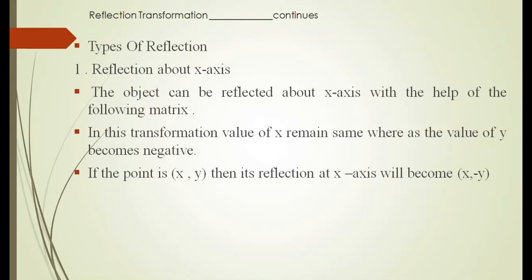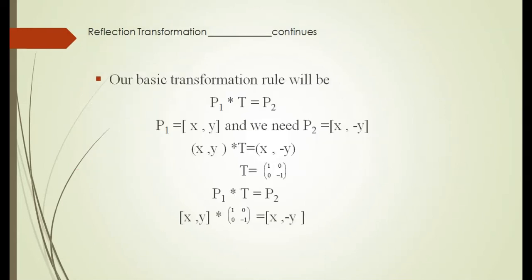Okay, so our basic transformation rule will be P1 times T is equal to P2. P1 is the original coordinate, that is the x and y coordinate, and we need to change to P2. For the x-axis, we need P2 equal to (x, -y). So what should be the transformation matrix T to get the desired result?